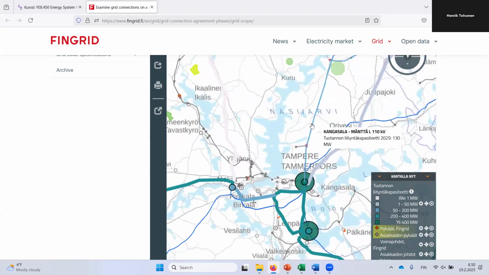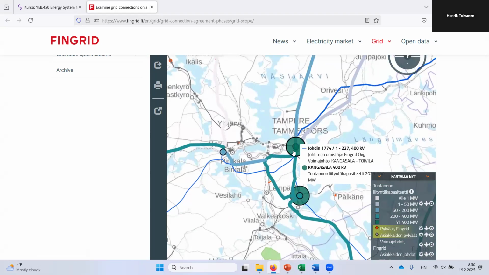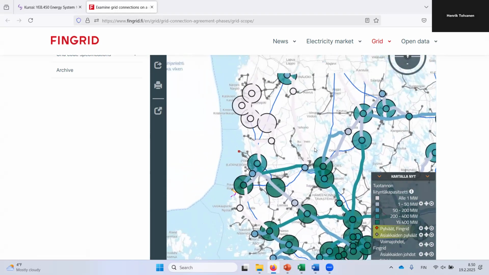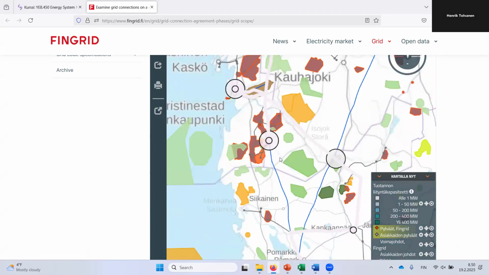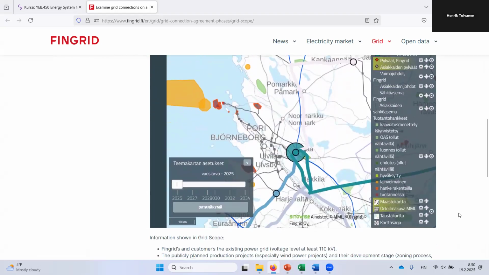And it also shows you this liityntäkapasiteetti. I'm not sure if this is in Finnish anywhere, but liityntäkapasiteetti means, I assume, how much more capacity can be added in there. And you can see also, let's see if it has this legend.